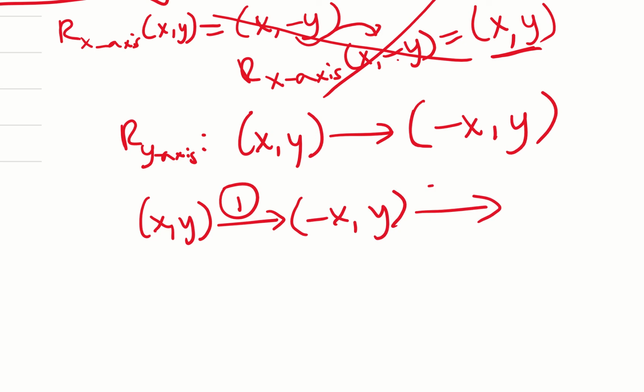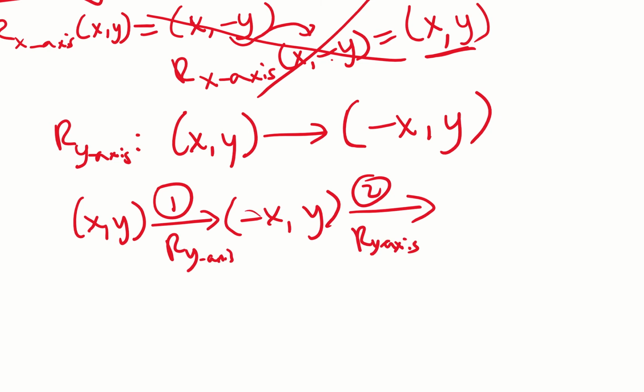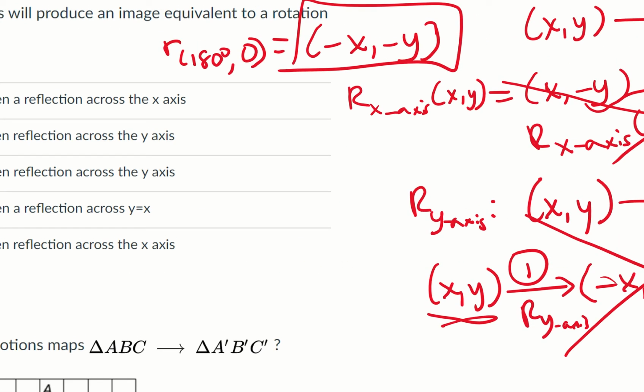But if I were to do that again and go another round, a reflection about the y-axis again, so let's go ahead and write that here. If I'm doing another reflection about the y-axis, followed by another reflection about the y-axis, well, then that's going to change this to a double negative, right? Because x changes sign, but the double negative is positive. So it gets me back to the original. It doesn't do anything. So this is not what we want, right?